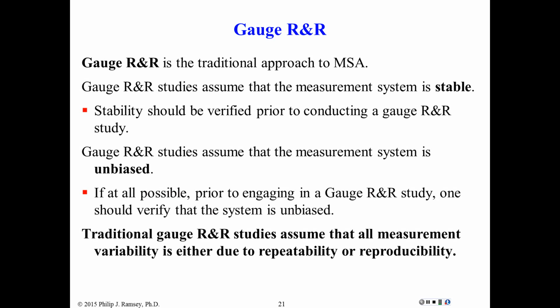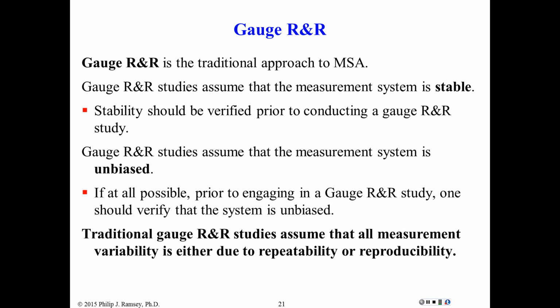Gauge R&R, unfortunately, makes a couple of assumptions. One, it assumes the gauge or measurement system is stable or consistent over time, and we really cannot evaluate that in a gauge study. Again, you need to measure references or standards repeatedly over time. And gauge R&R assumes the measurement system is unbiased, it's accurate.